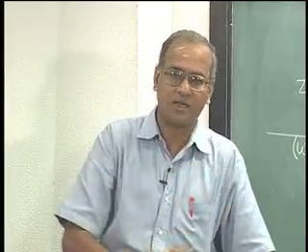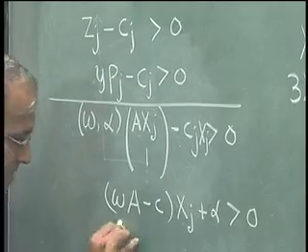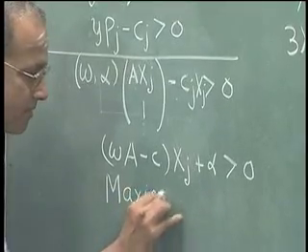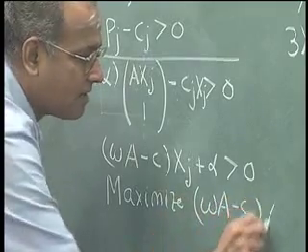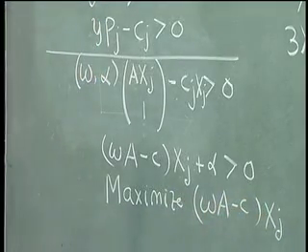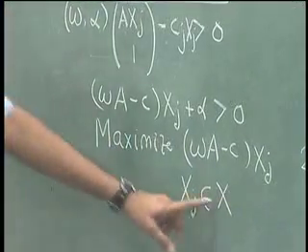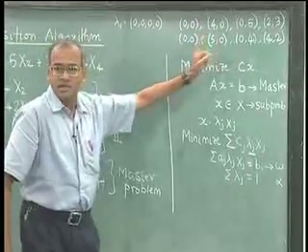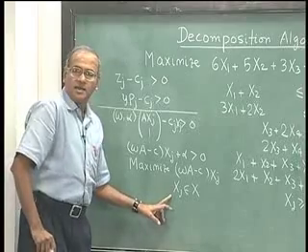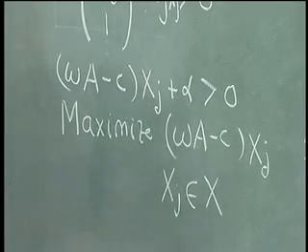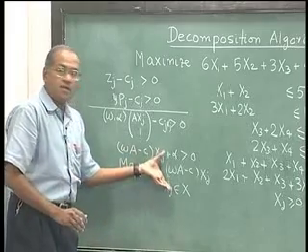So, we do the usual thing of this being strictly greater than, we say that we now want to maximize Wa minus C into xj subject to xj belongs to some x, where this x is the set of corner points, and then we find such an xj and enter the corresponding lambda j into the solution.